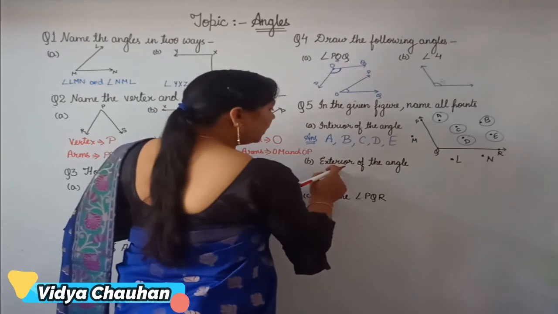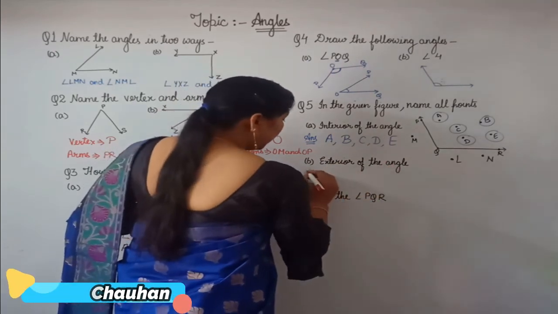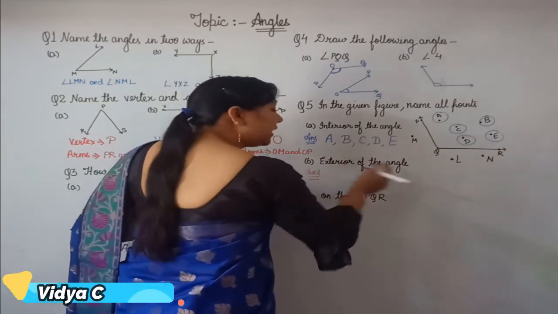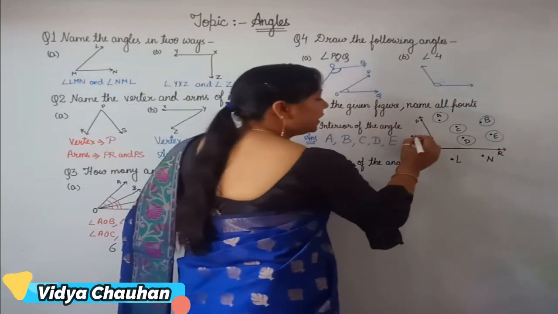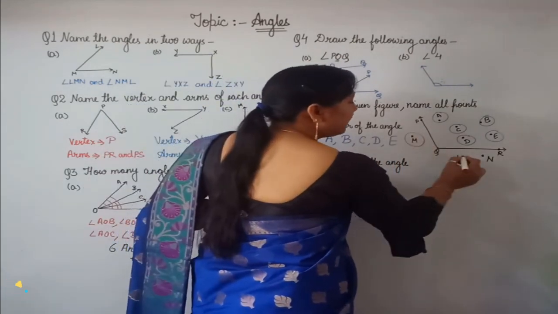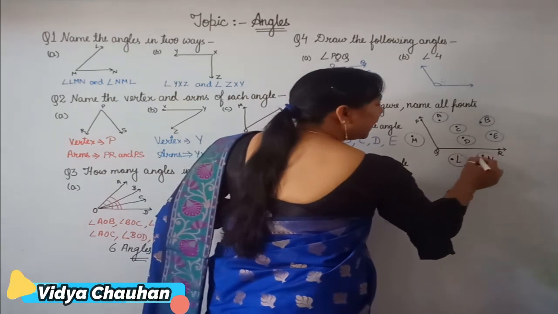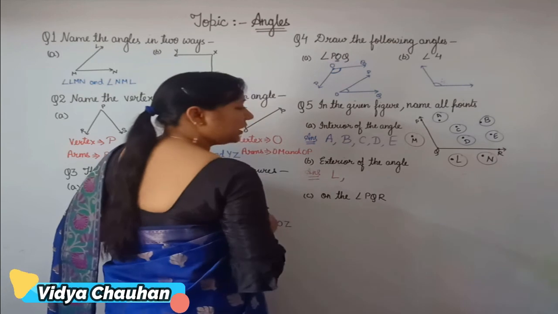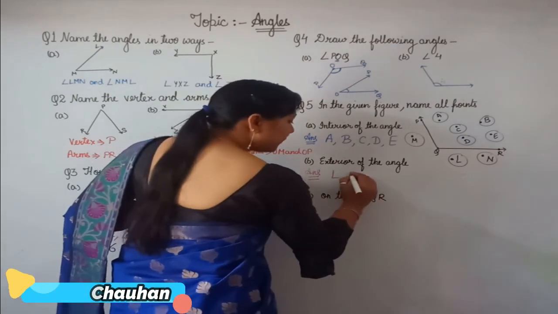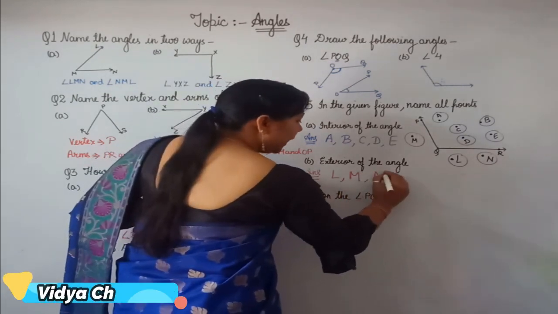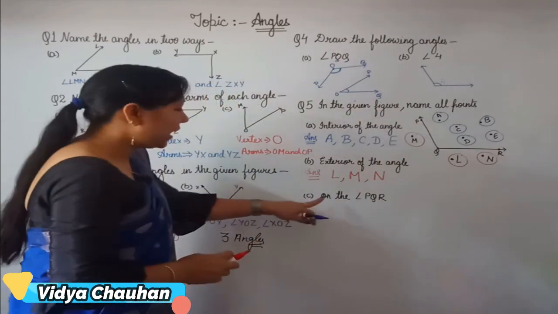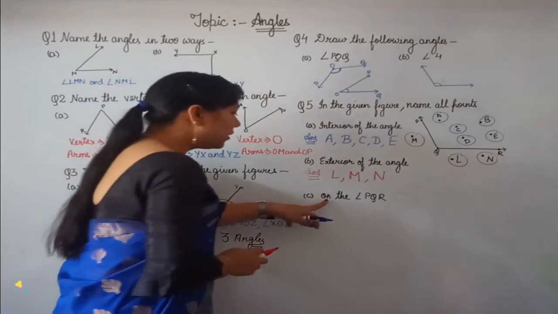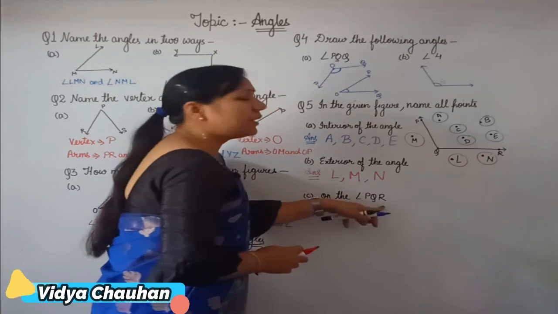Coming to the second part, in which you have to find the points in the exterior of the angle. So in the exterior, what are the points? Point M, point L and point N. So what are the points in the exterior of the angle? L, M, N.